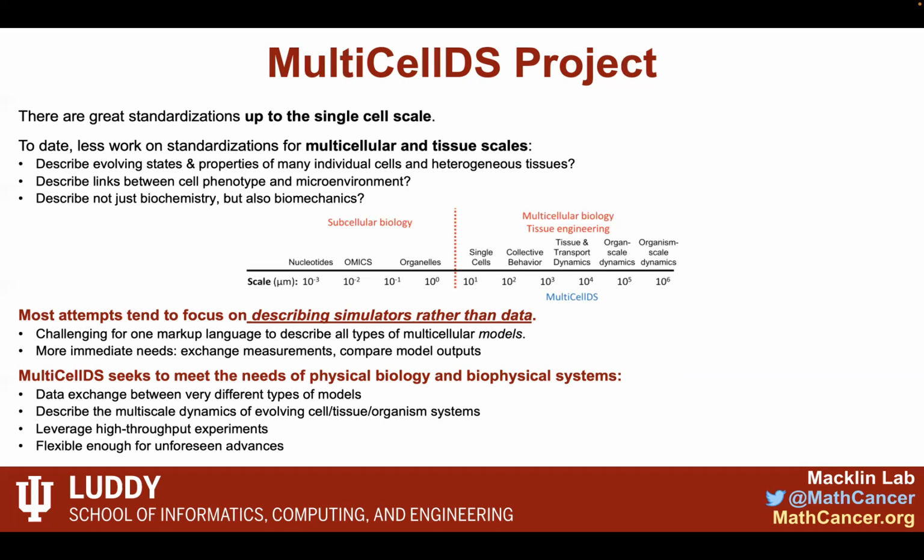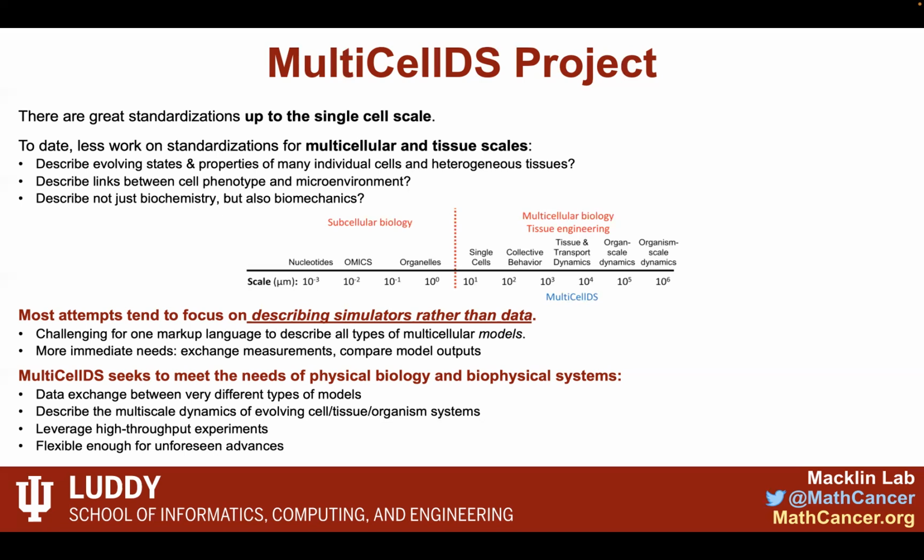And so it was really easy to come up with a standardized canonical representation. But then when we got to multicellular tissues and tissue engineering and tissue biology, all that was out the window, and there was just no unified way to represent tissues and tissue states. So that's where we decided to work.